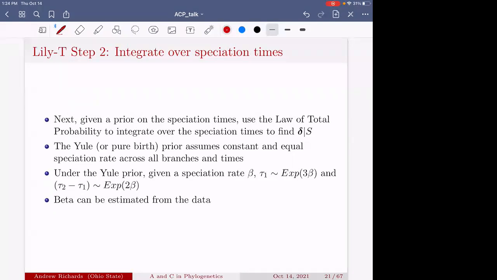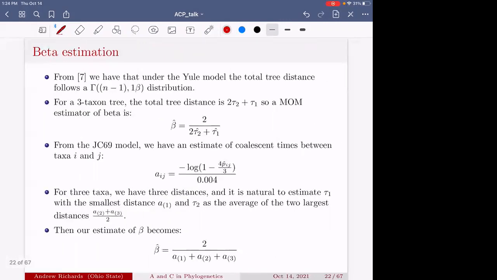And so given the Yule model and the speciation rate beta, we say the first speciation time is an exponential 3 beta. The difference between the first and the second speciation event is then exponential 2 beta. And that beta, we estimate from the data. And this gives the procedure for estimation of the speciation time.